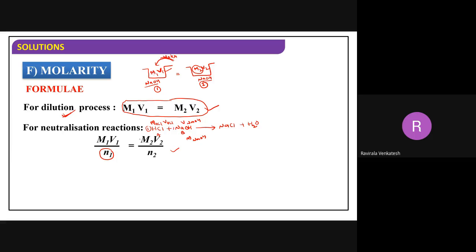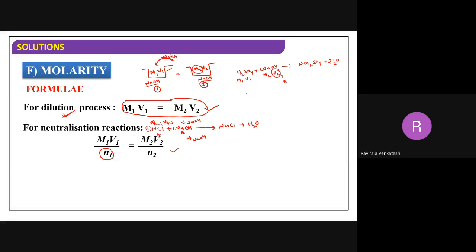For example, if they give H2SO4 plus NaOH gives rise to Na2SO4 plus H2O, then you take 2 moles. Here we get 2 moles.